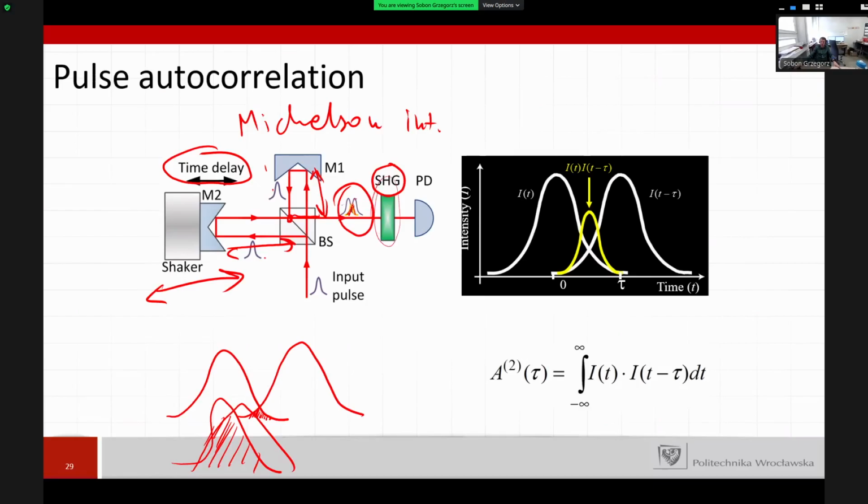Only the part that is overlapping will create it. So when the pulses are overlapping, they create a signal that we observe on the photodiode. And the duration of the signal on the photodiode is proportional to the length of the pulse.